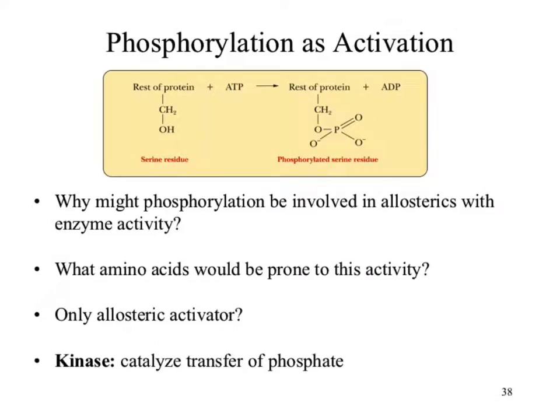Then we move into our more factual stuff. Phosphorylation happens to be a very common metabolic pathway to either activate individual reactions or shut them down. So why would we expect phosphorylation to be involved? We have briefly talked about a big reason why.